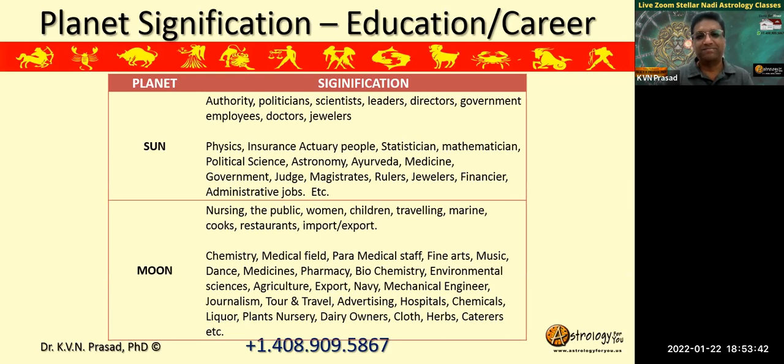And when I did a short travel before that on a B1 B2 visa, I saw that my 3rd house was getting activated. And when I did this long travel where I had to stay for 1 year, 2 years, before I went to India to visit my parents also, that was the 9th house Rahu Mahadasha happening. And in that also, when I applied for my license, I saw that my 4th lord was getting activated.